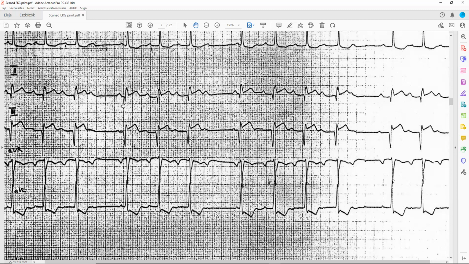So I think that one. But you haven't watched the video, because I said, look at the last conducted PR and compare to the first one. So this is a drop beat, there is no QRS. That was the last conducted one, and that's the first conducted one. If the last one is longer than the first one, this is Mobitz type 1.